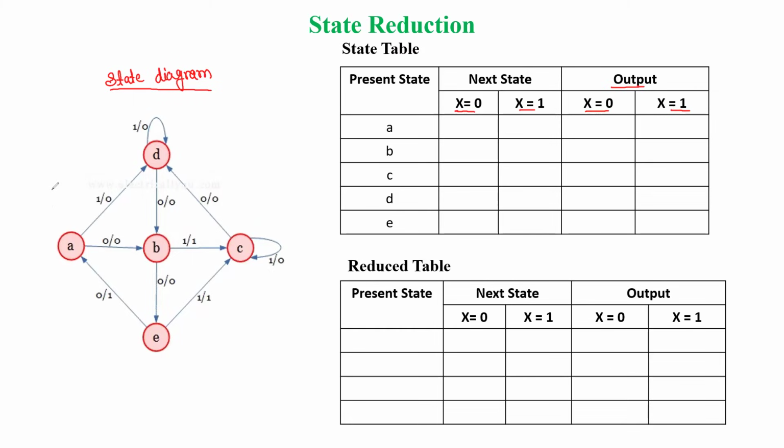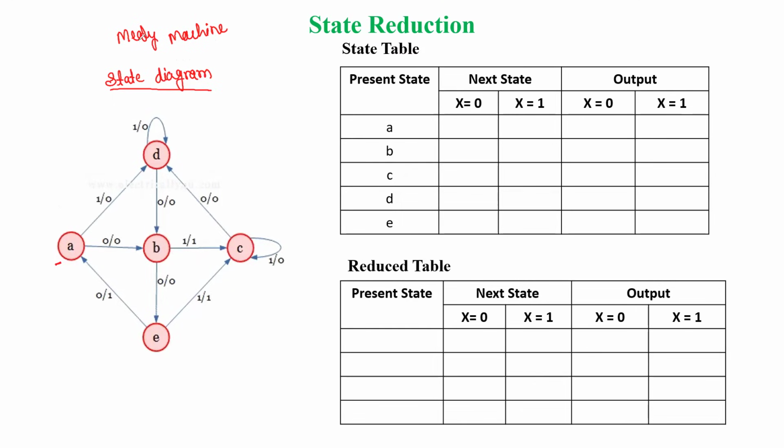In this state table, first we are at state 1, that is state A, represented here by A. If you have some idea about the Mealy machine, in the Mealy machine the output depends upon the inputs.